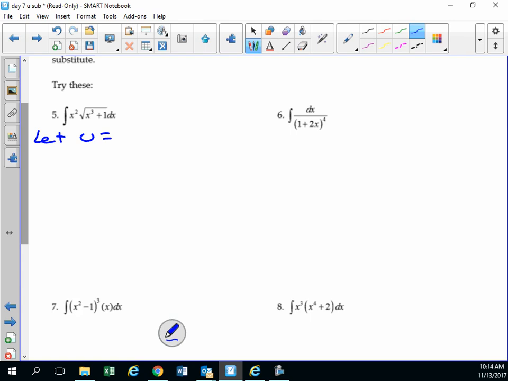Number 5. What are you going to let u equal? X cubed plus 1. Look what's underneath the radical. X cubed plus 1. Emma, what is du going to be?